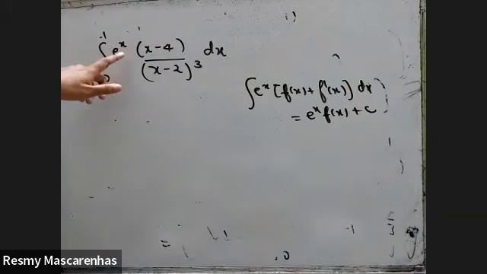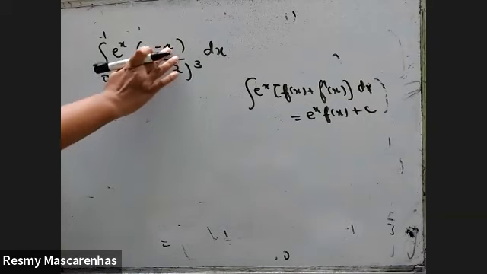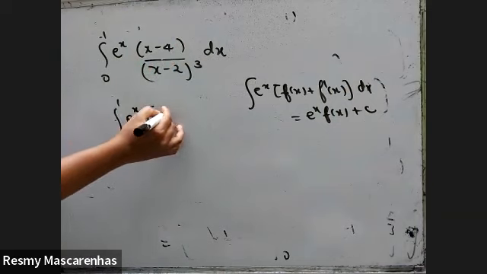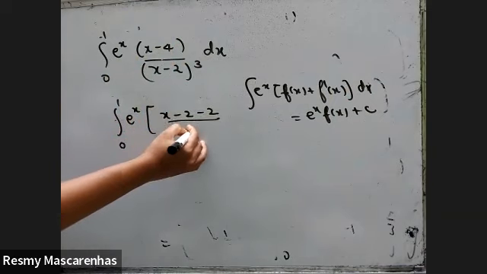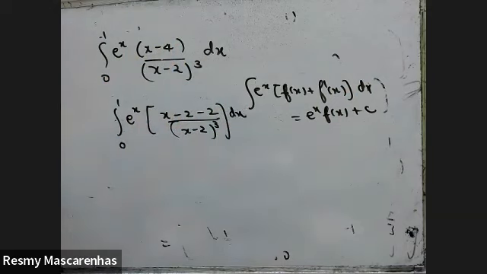So e raised to x is there, but this I'll have to try to arrange in this form. Numerator, I have to express in the form of the denominator. So what I'll do, I need minus 2. So I'll split this minus 4 as minus 2 minus 2. Now separate out.